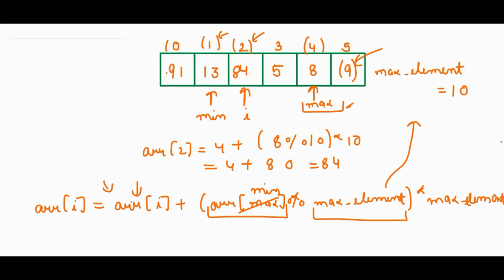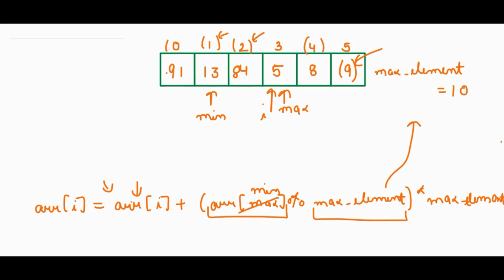Right. Now I will move forward and our max will decrease. So our max will point to 5 and our i will also point to 5. Now what will happen? Array of 3 we have to work on.